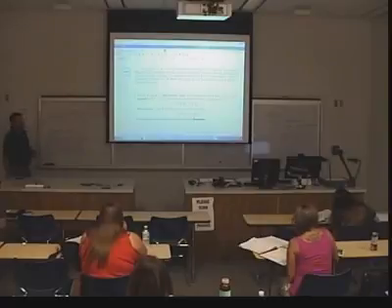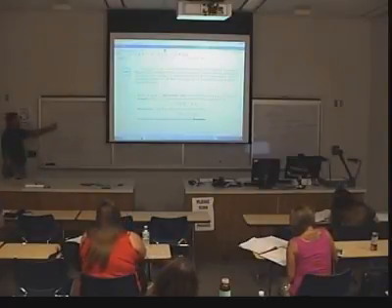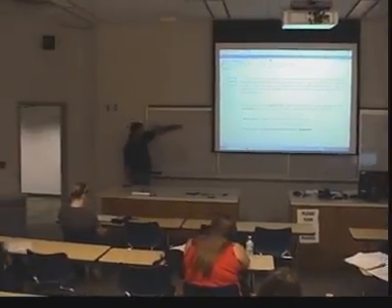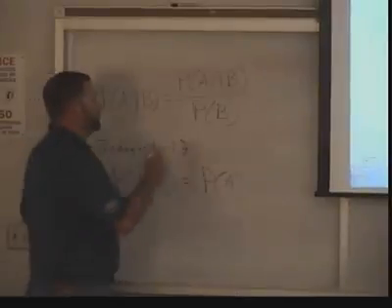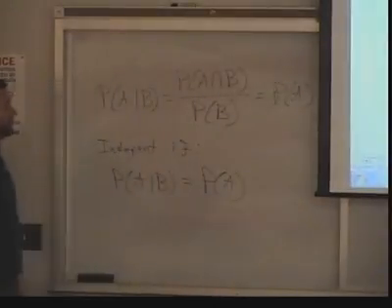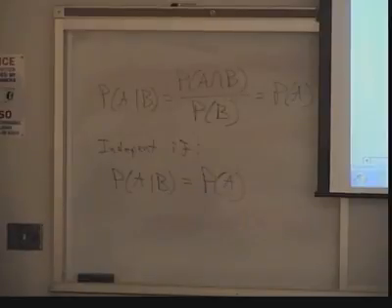That's kind of what independent events are. Okay? So notice here, if they're independent, then this quotient is just going to be equal to the probability of A. If they're independent. Everybody see that?